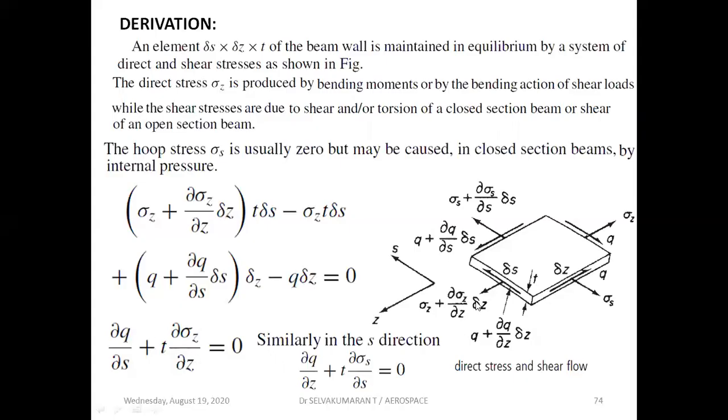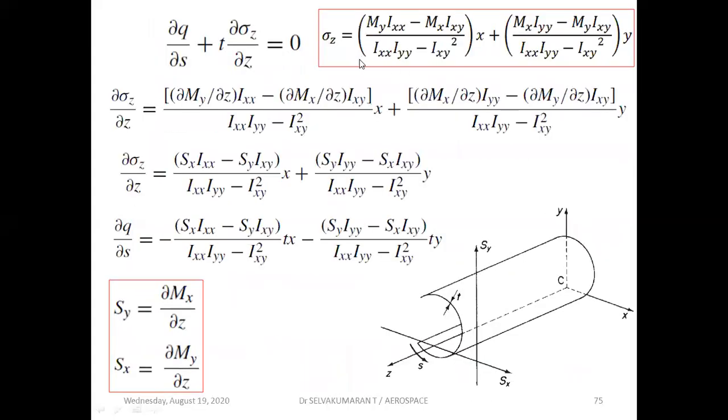What is sigma z? From the previous chapter on unsymmetrical bending, let me recall the sigma z expression here in the box. We have dou q by dou s plus t into dou sigma z by dou z equal to 0.